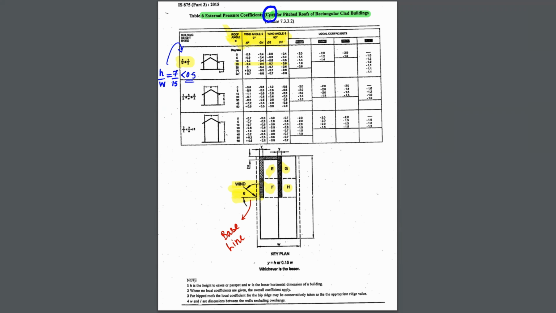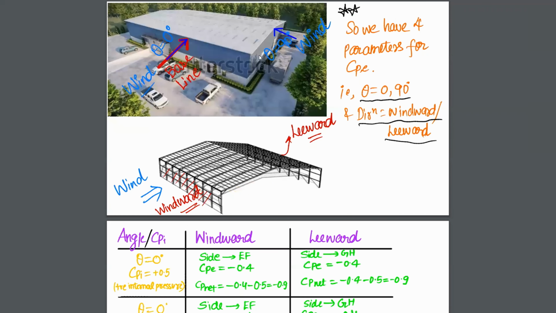So there are a few points which you need to get before going for the calculation of Cp external. There are basically 4 cases of how wind can move and can affect the given truss. Suppose this is the entire truss structure and this is our baseline.